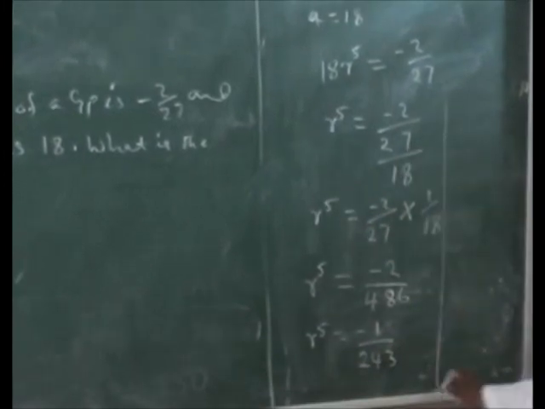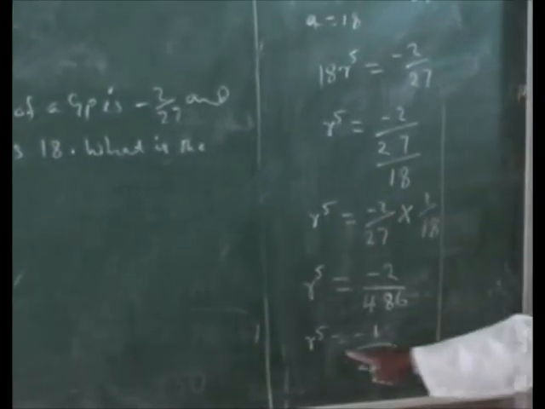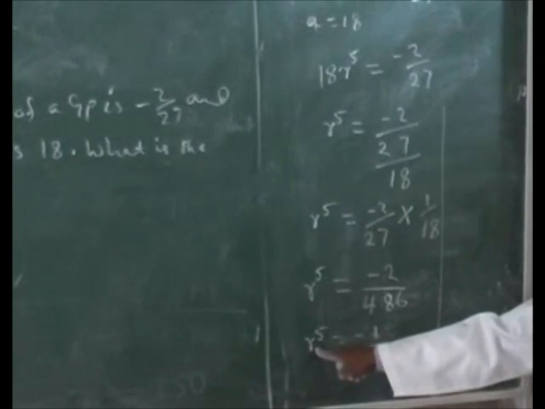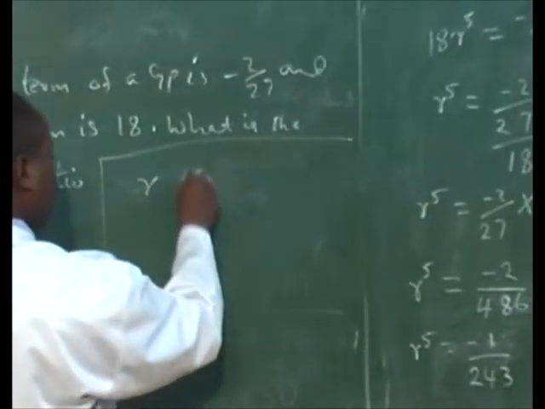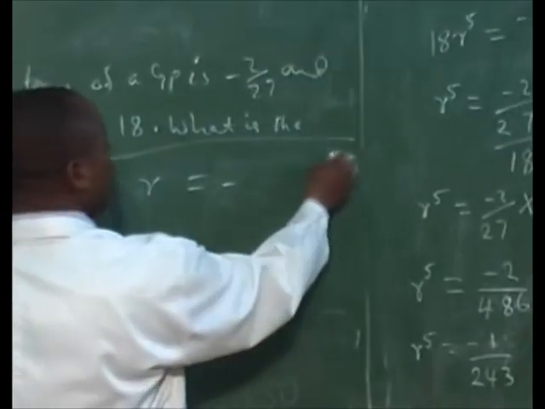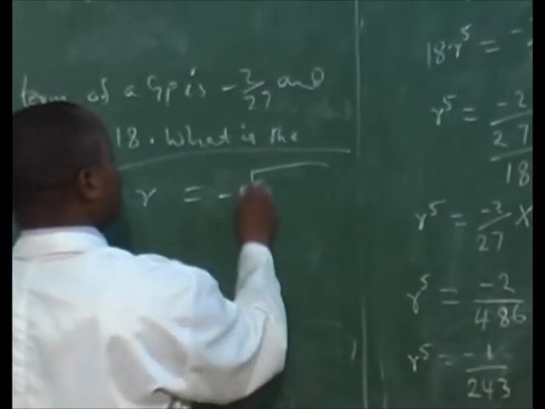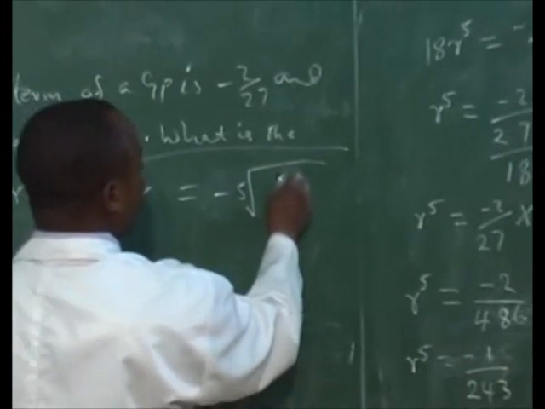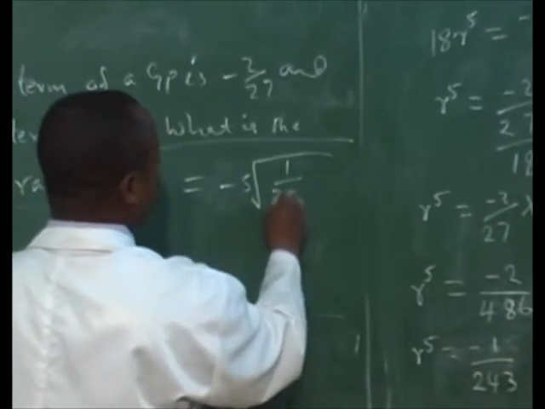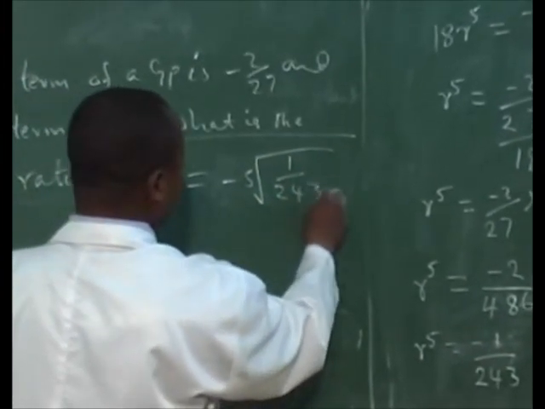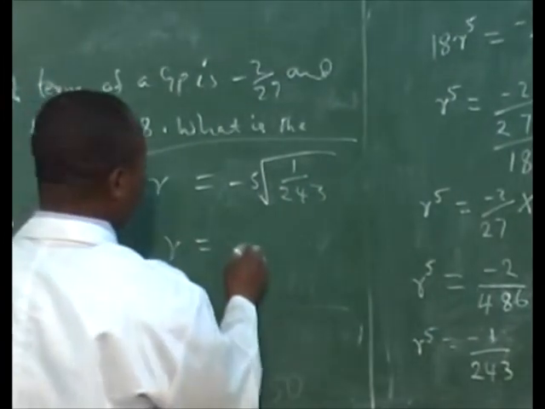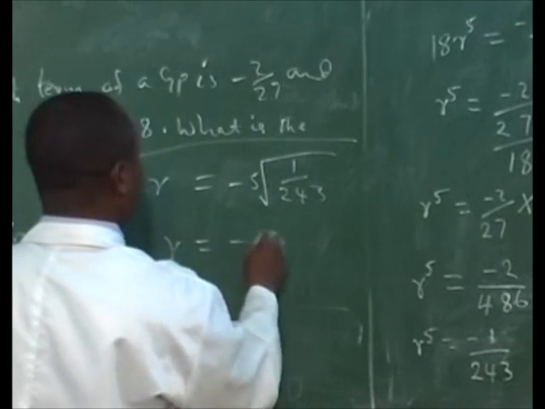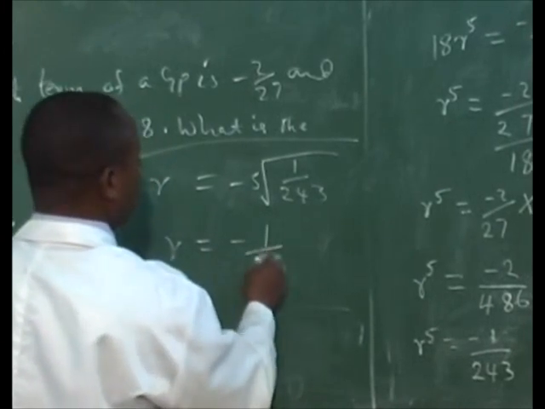So what we are going to do here is to take the fifth root of this. r will be equal to the fifth root of minus 1 all over 243. So r will be equal to minus 1 all over 3.